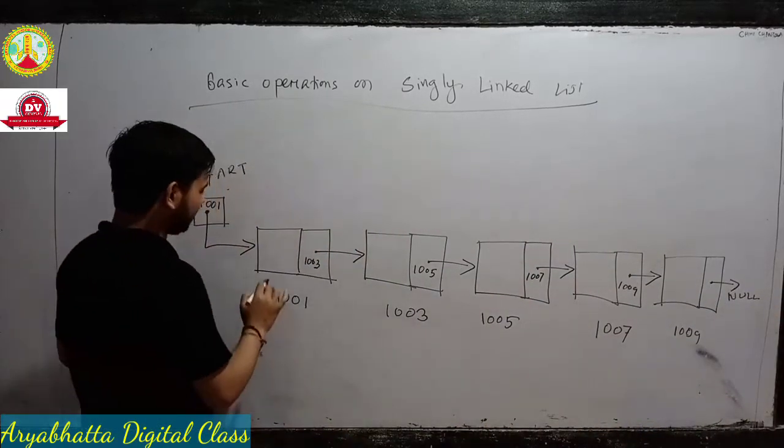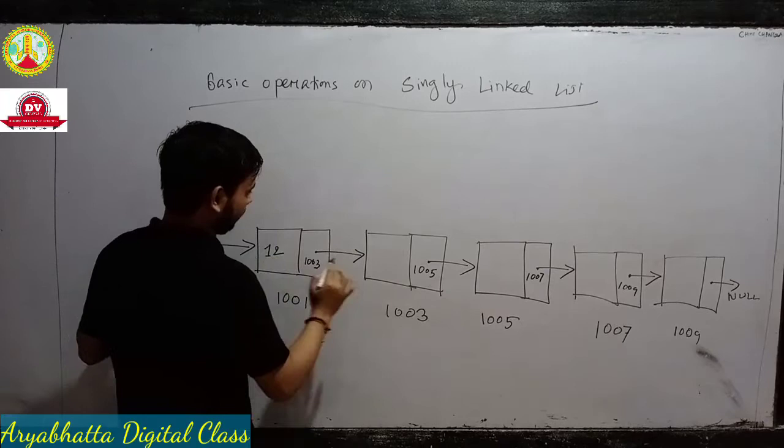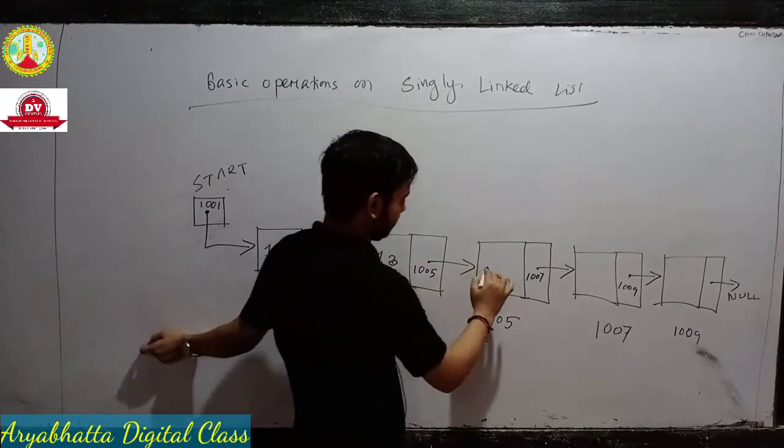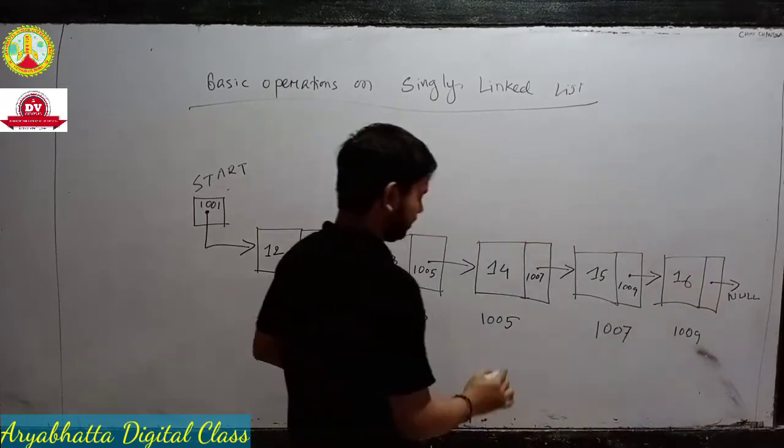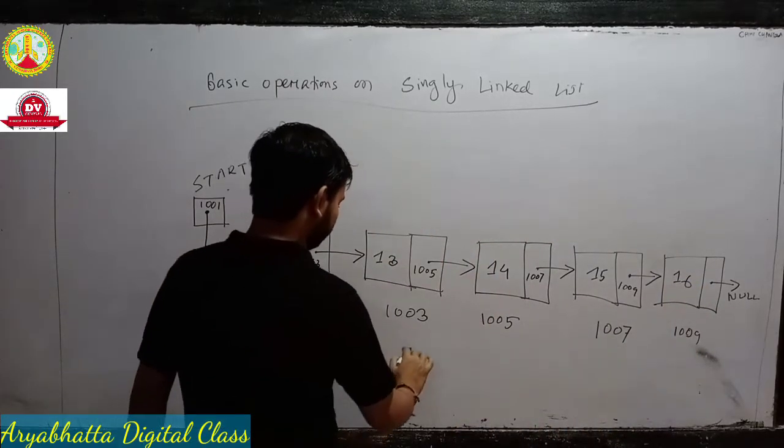Okay. So suppose the elements will be 12, 13, 14, 15 and 16. This is a singly linked list.